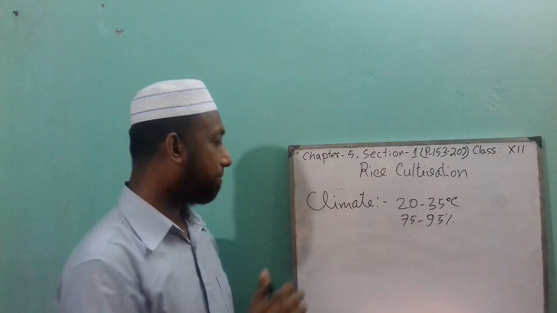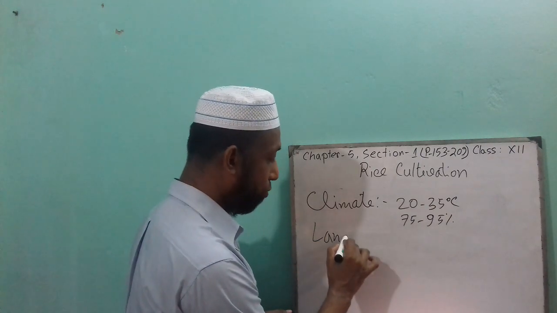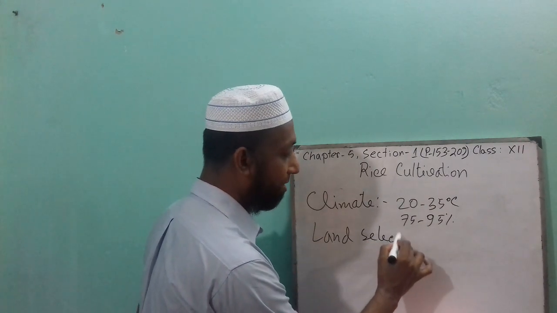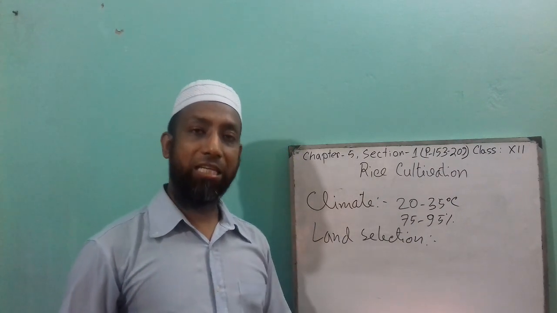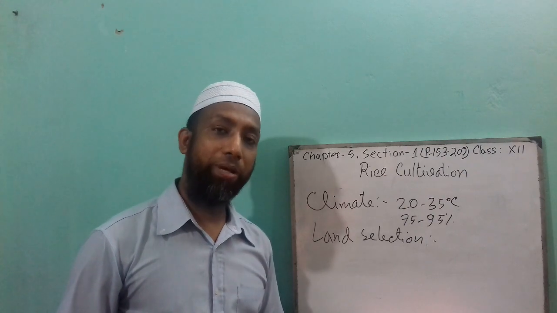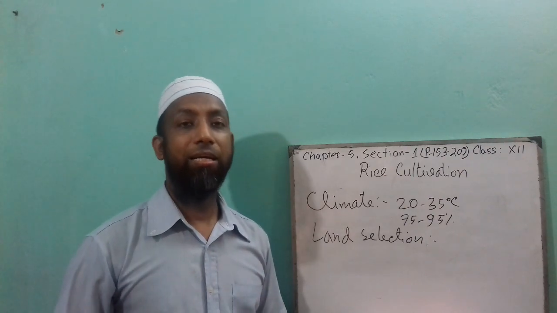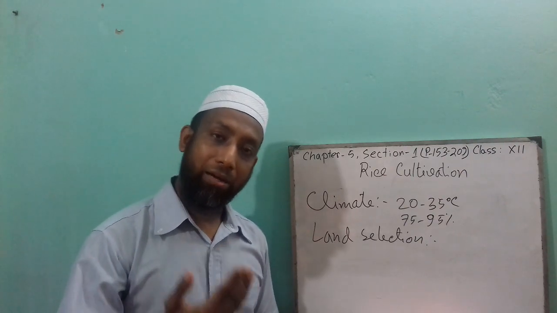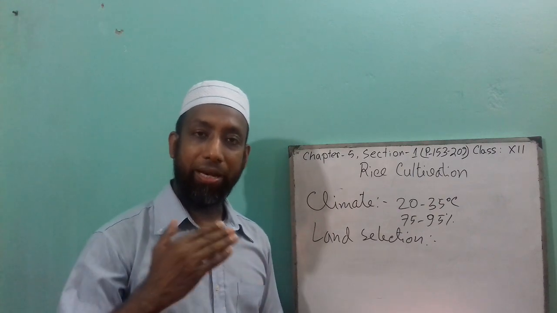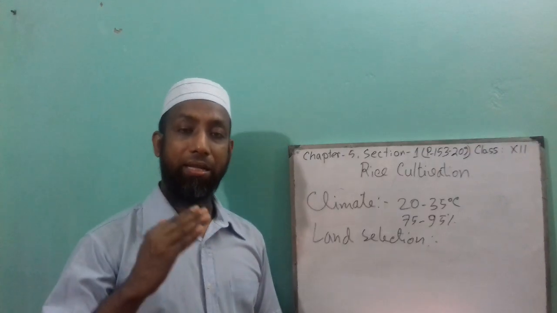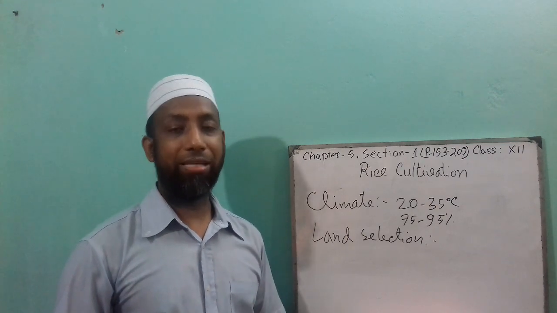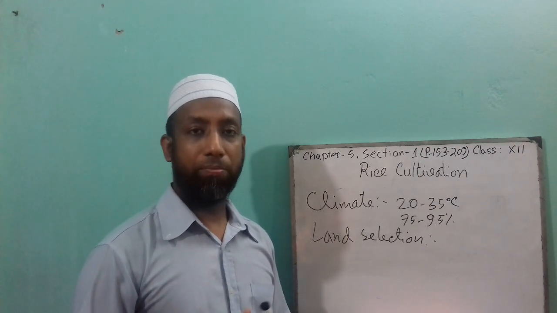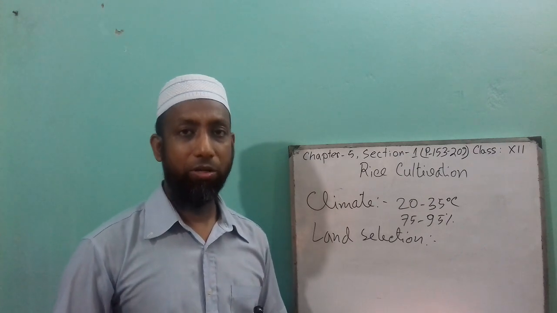And then land selection. What should the land for rice cultivation be? The soil should be clay soil, clay loam soil, or sandy loam soil, but the best soil is loamy soil. So rice can be produced in different types of soil.